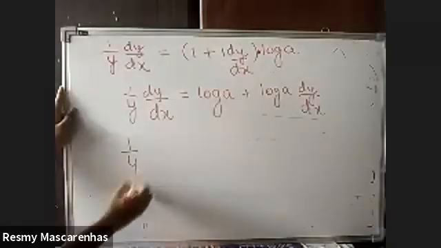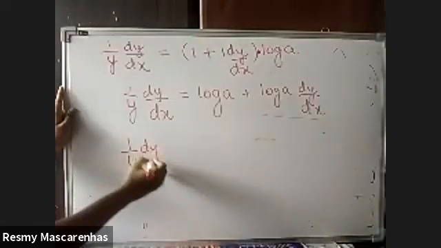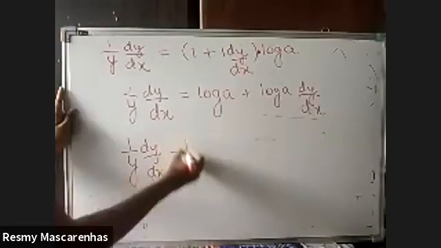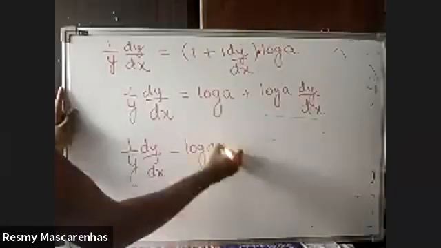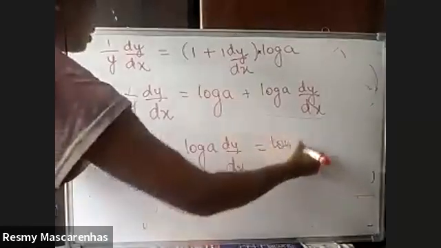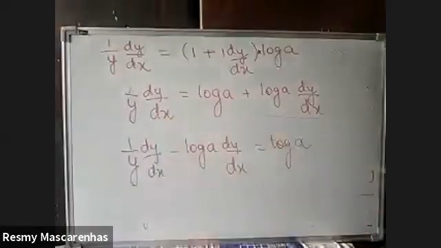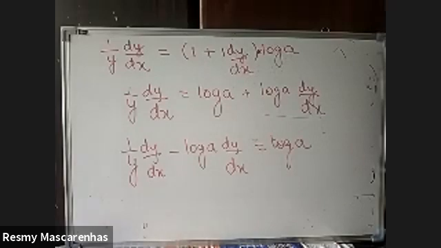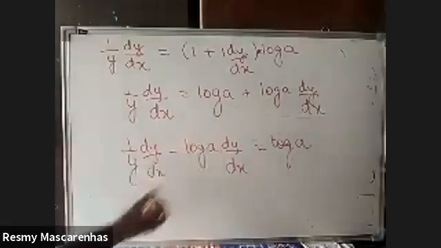So after bringing the dy by dx term to this side, it will become minus. Now take out common dy by dx.